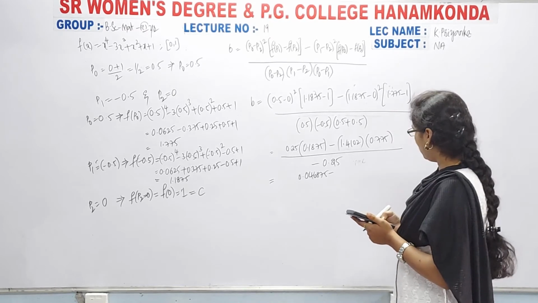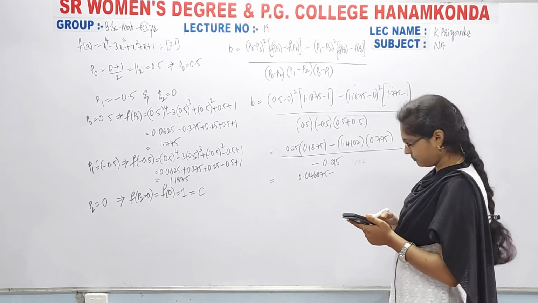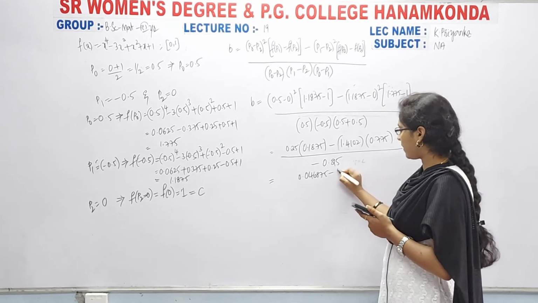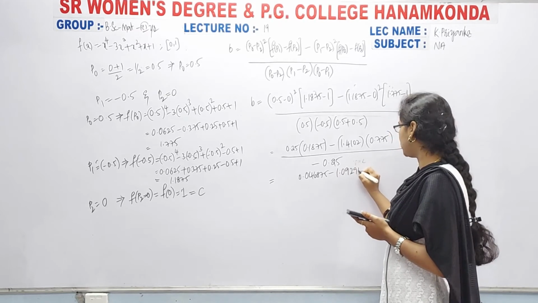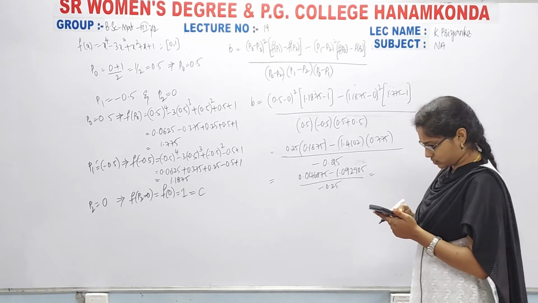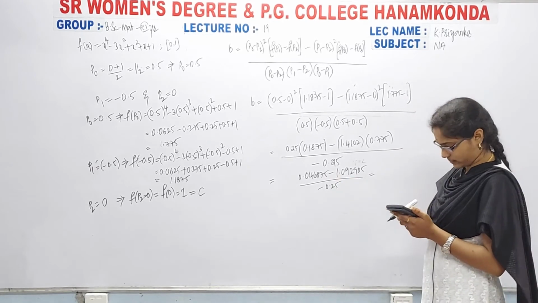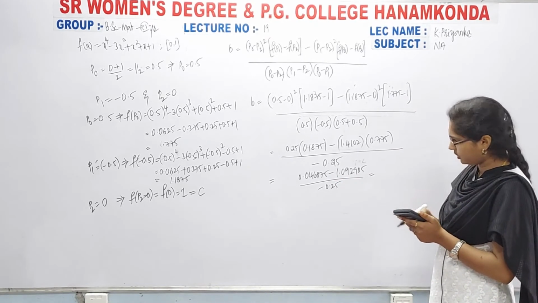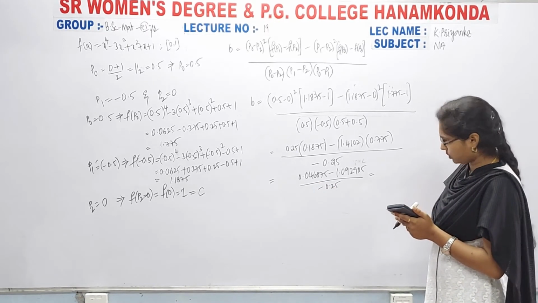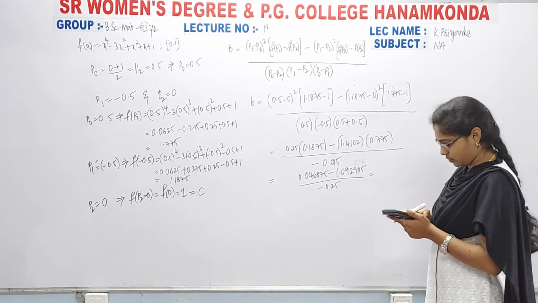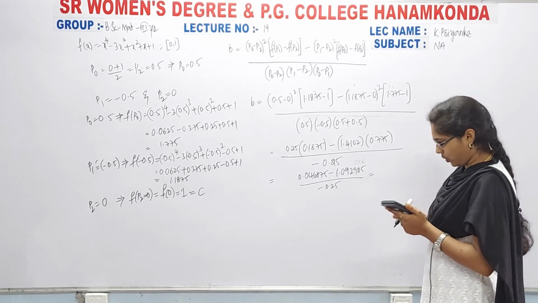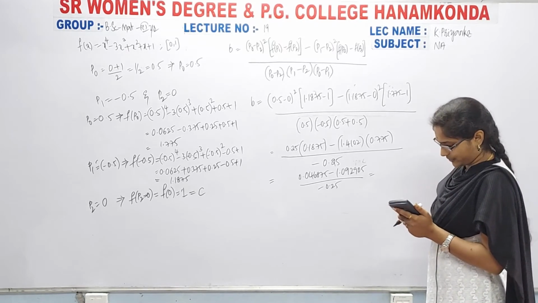Okay, this is 1.092905 by minus 0.25. From this we have to subtract this value, so 0.046875 minus 1.092905, the whole divided by 0.25.